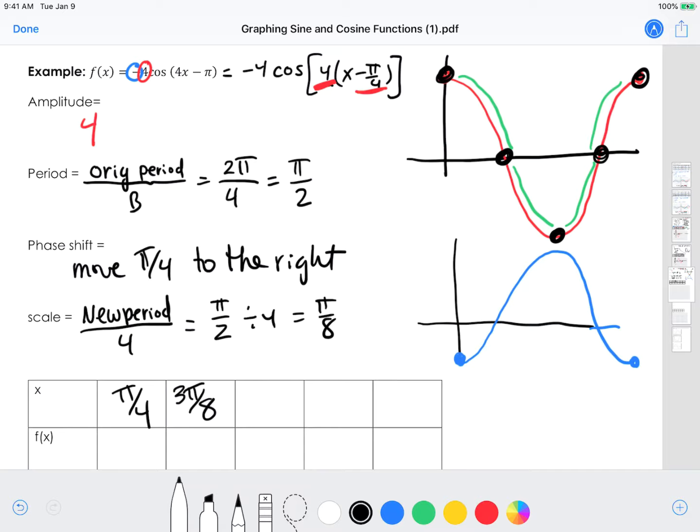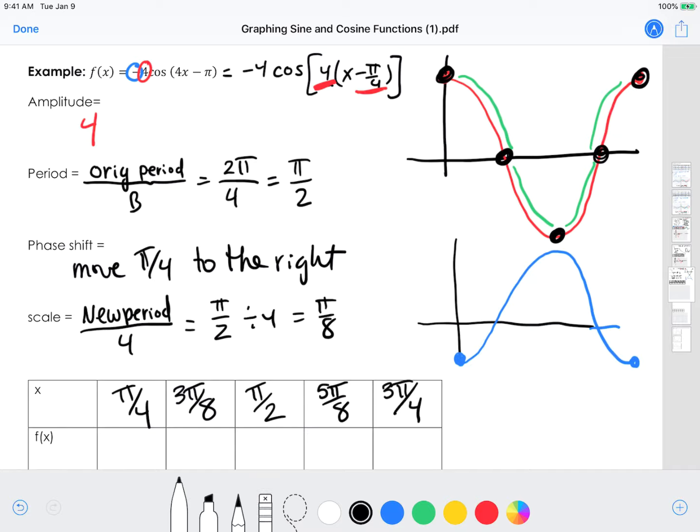And then if I add pi over 8 again, that's going to give me a half pi. And if I add pi over 8 again, that's going to give me 5 pi over 8. And then if I add pi over 8 one last time to get the end value, that's going to give me 3 pi over 4.